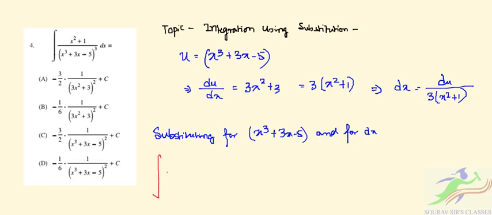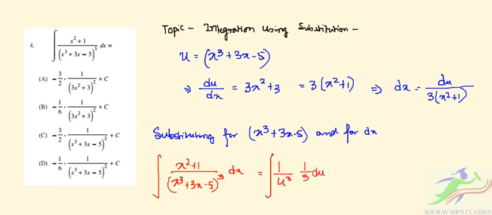So if we write the integration as x squared plus 1 by x cube plus 3x minus 5 to the power cube dx, it can be simply written as the integration of 1 by u cube times 1 by 3 du, because this x squared plus 1 will cancel out, right?